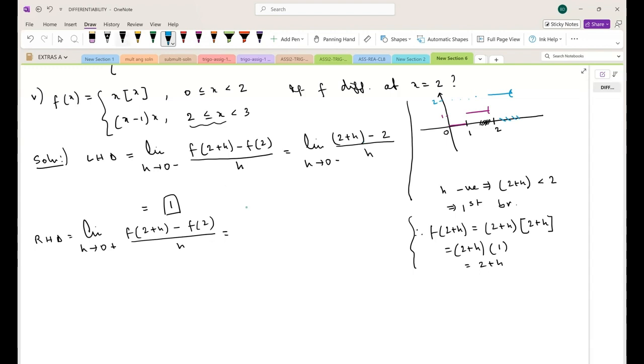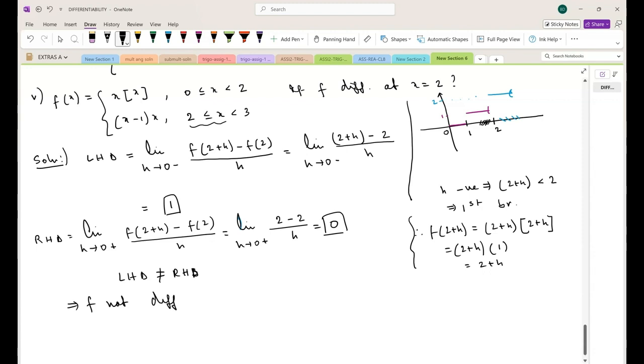So this is, sorry, limit h tends to 0 plus 2 minus 2 by h, that is 0. So your right hand derivative is 0. So left hand derivative not equal to right hand derivative. F not differentiable at x equal to 2.